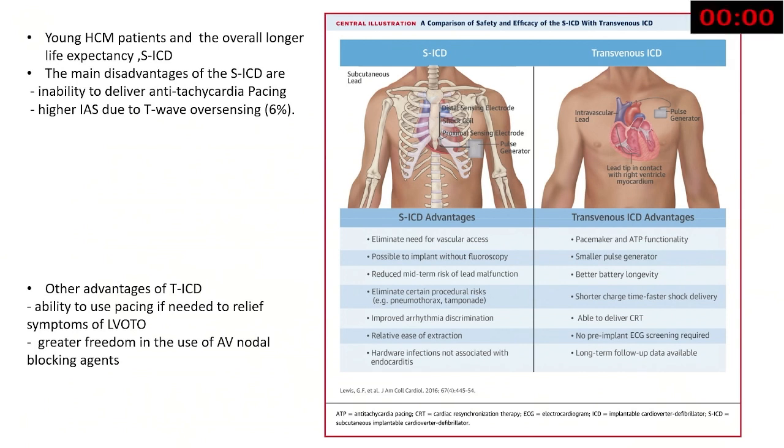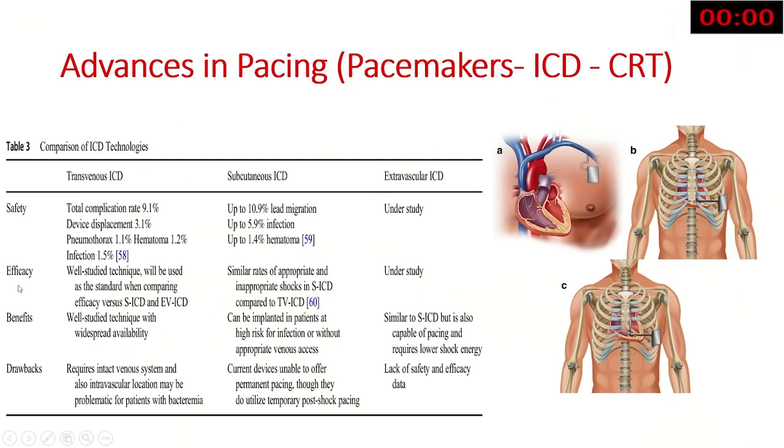But on the other hand, the main disadvantages of the subcutaneous ICD are the inability to deliver anti-tachycardia pacing, a high rate of inappropriate shocks, and the inability to relieve the symptoms of LV obstruction by pacing. Also, we cannot go for high doses of beta blockers in these patients because the subcutaneous ICD cannot pace the ventricle.